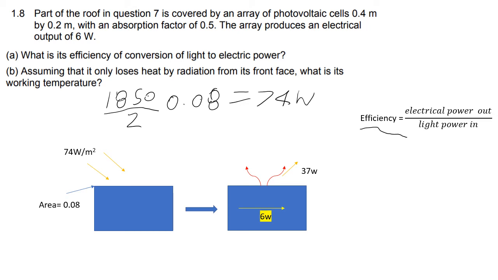We've been told that we get 6 watts of electrical power out, so our efficiency is 6 watts divided by however much light power we have going in, and we know that it's going to be 74 divided by 2, so that's 37 watts. So if we do 6 watts divided by 37 watts, we get 0.16, which is about 16% efficiency.